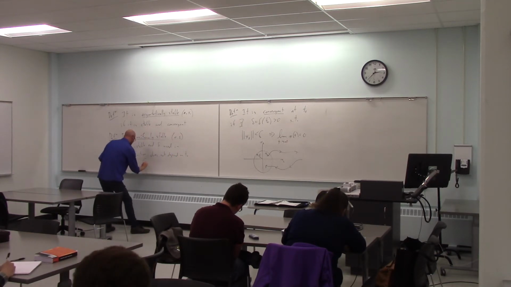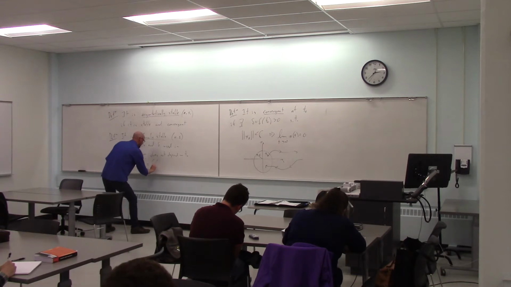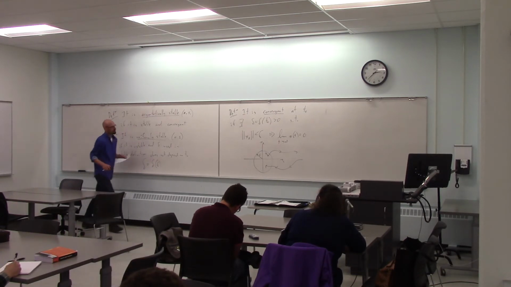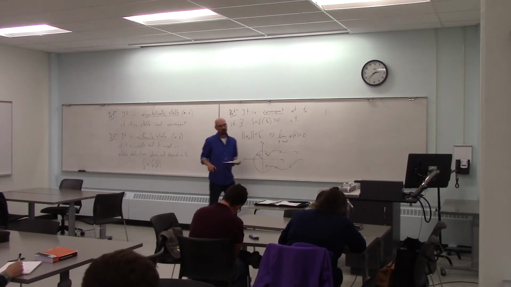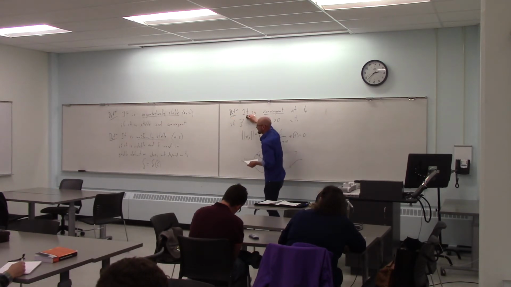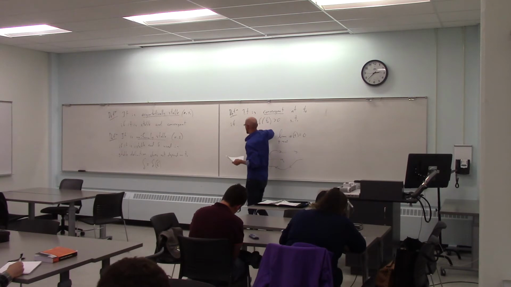So you have delta equals delta of epsilon. So if I'm calculating radius delta to stay within your ball of radius epsilon, I no longer have to take the starting time into account when I do my calculation.